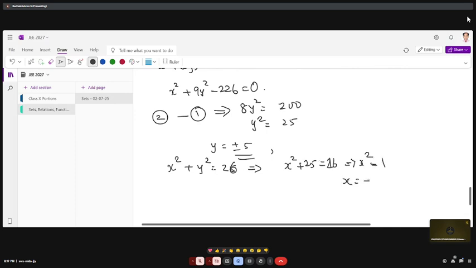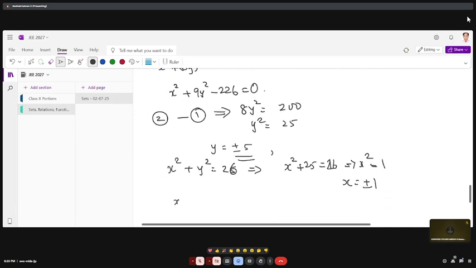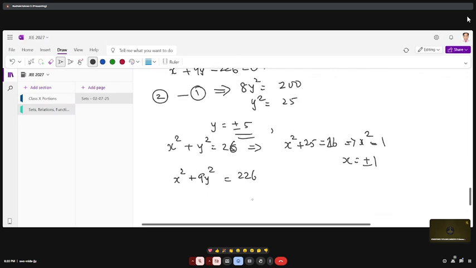So x equal to plus or minus 1, and y equal to plus or minus 5. Now substitute in the other equation, x square plus 9y square equal to 226. Since y square is 25, 9y square is 225. So this also gives us the same thing, x square equal to 1, or x equal to plus or minus 1.